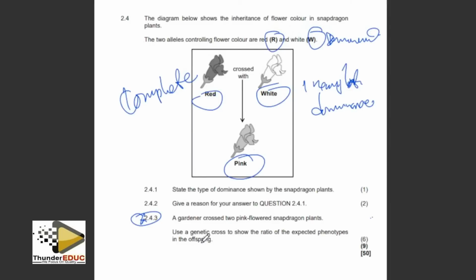But in this case, they're saying they crossed two pink. Pink is found in the second generation. Therefore, it won't be P1 F1, it will be P2 F2. In most cases, students lose that mark. If it is the second generation, then you say P2 F2. If the first generation, then you say P1 F1.